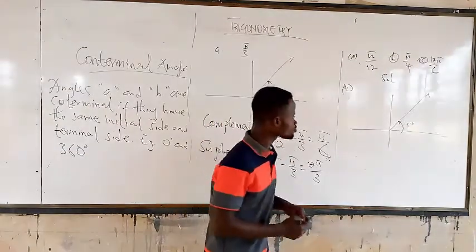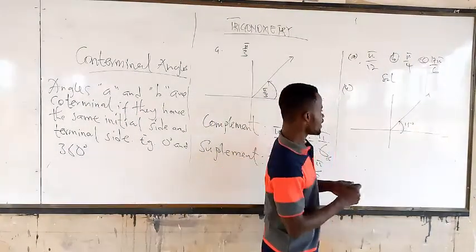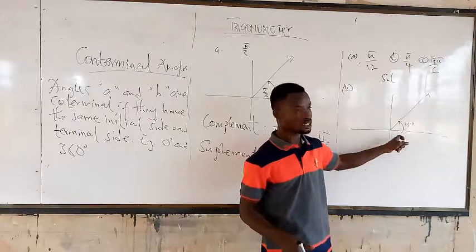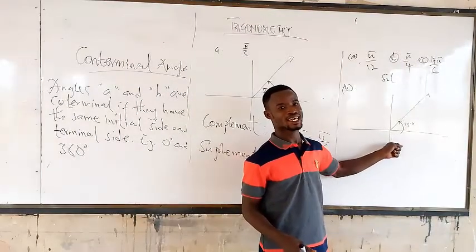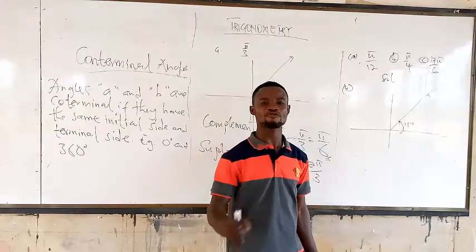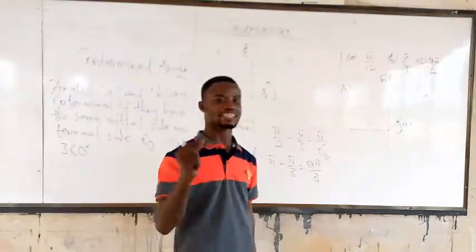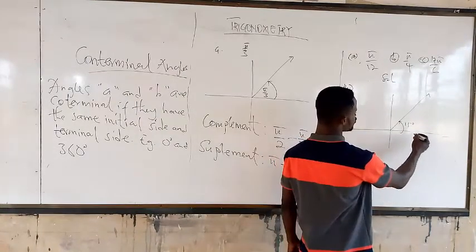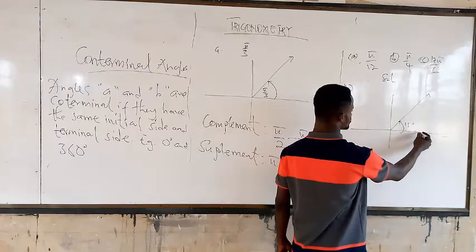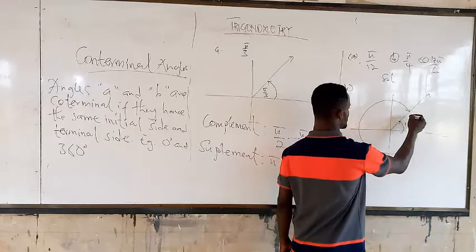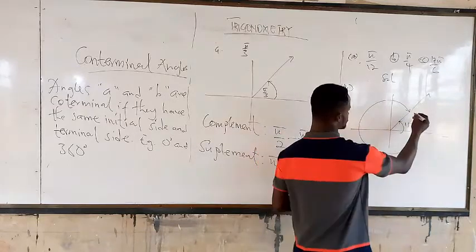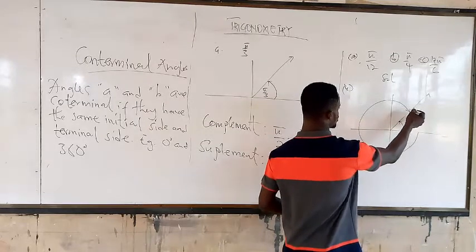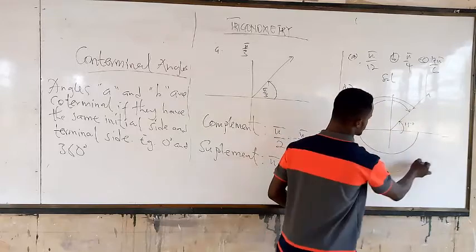Then, to get the coterminal, we are looking for the angle which has the same initial side and terminal side. So we want the angle that will be the same as from here to here, and also from here to here.